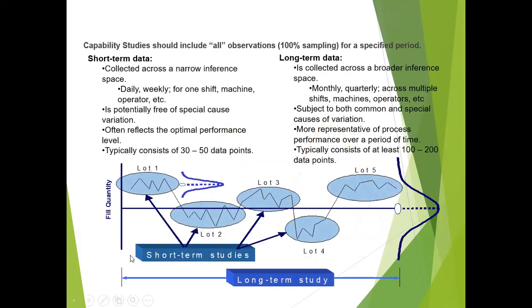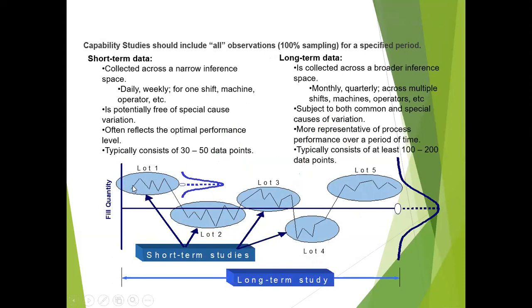And let's say different lots, to understand how long term and short term work. You have lot 1 plotted here, lot 2 here. So this is a time series chart, and you have distribution starting from here. So the first lot, let's say it is divided into 3 months each.